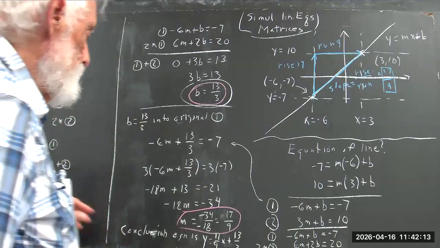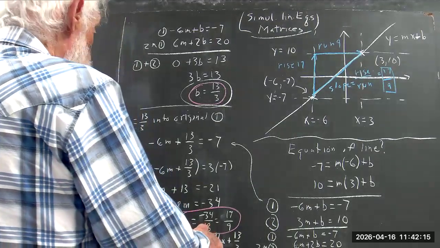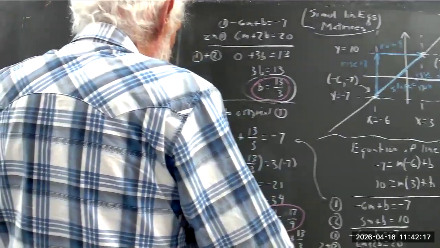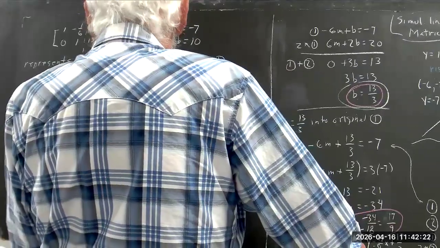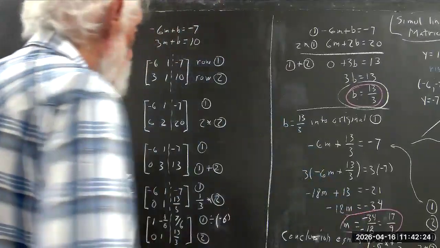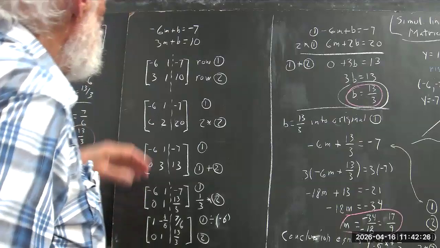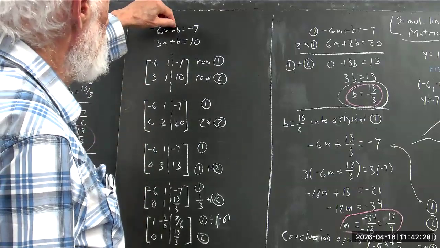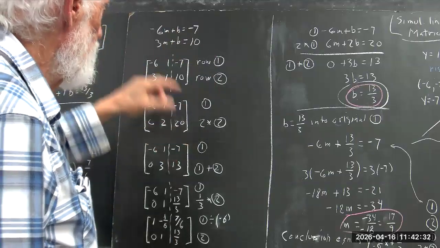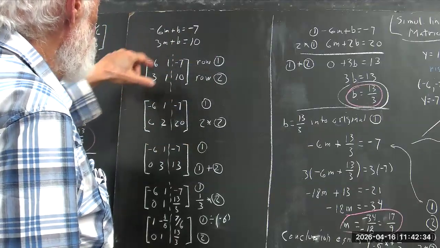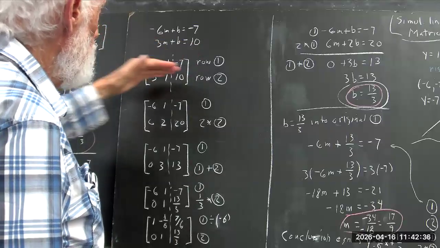And that's pretty much what we've done. Now, we then wrote an abbreviated version of the process. Equation negative 6m plus b equals negative 7 was represented by a row of a matrix. Between a set of brackets, we had two rows.